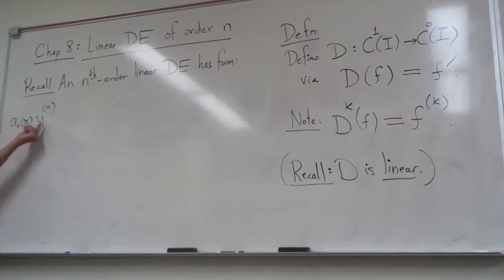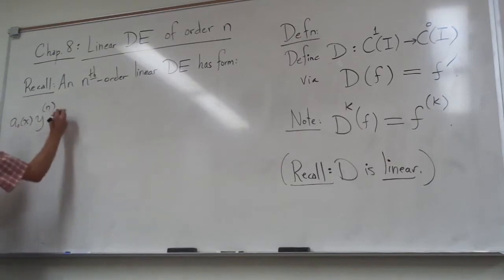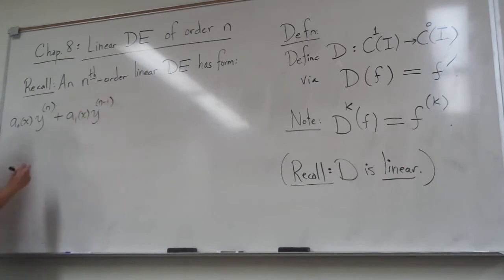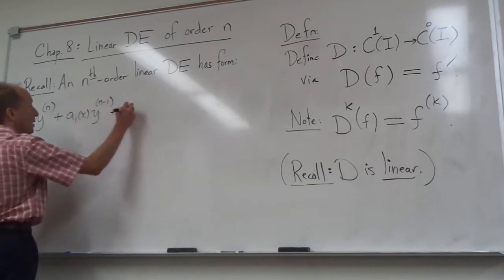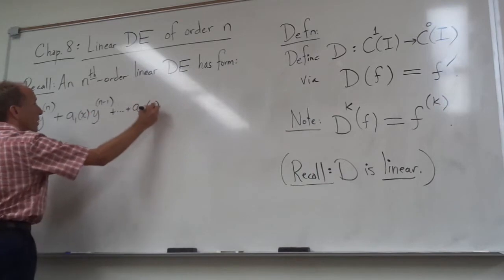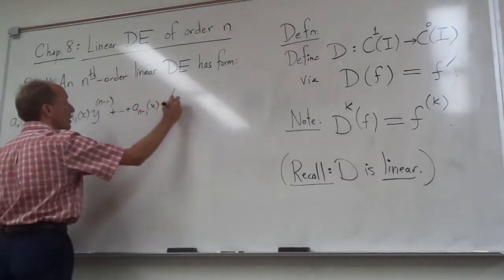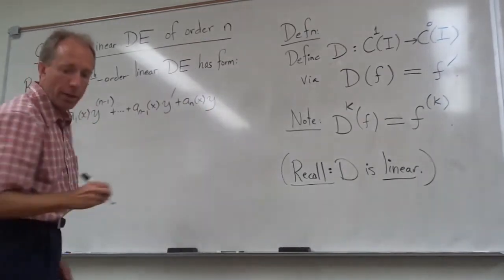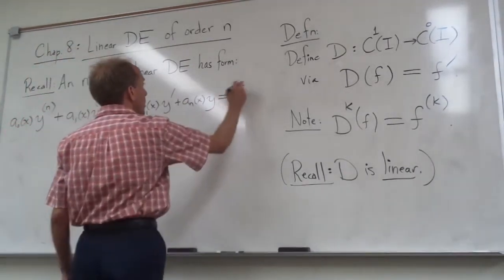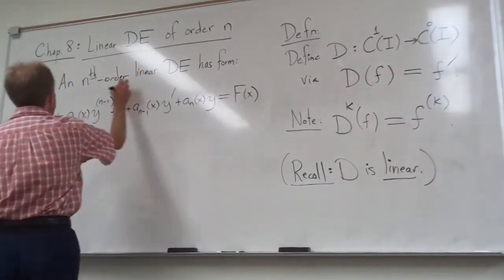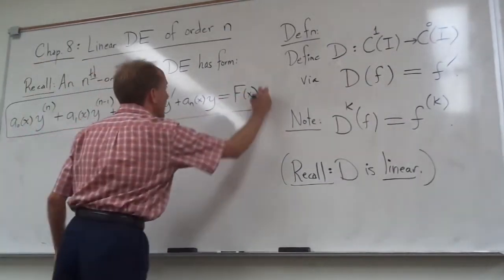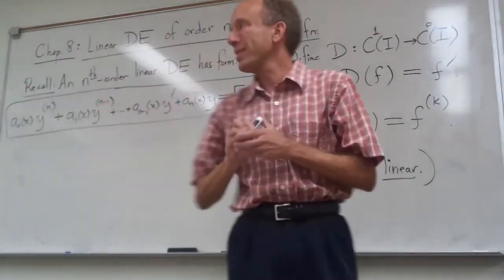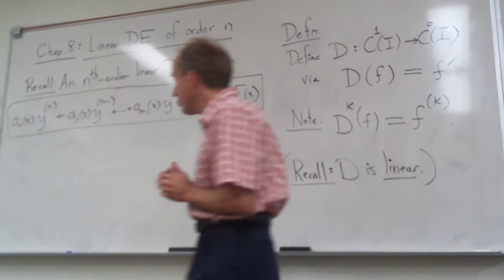So a naught of x times n derivatives of y, plus a1 of x times n minus 1 derivatives of y, plus dot dot dot, plus a n minus 1 of x times y prime, plus a n of x times y. And then if you remember, this is all equal to some capital F of x on the right-hand side. If you glance back into your notes, way back to January, you're going to see this equation there.